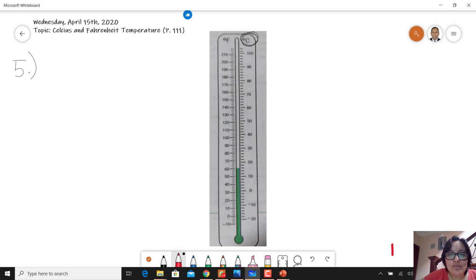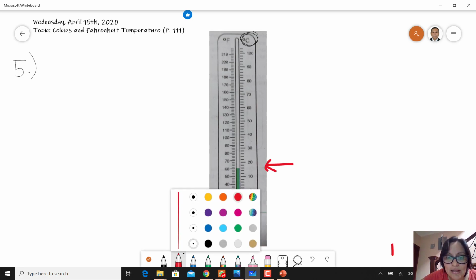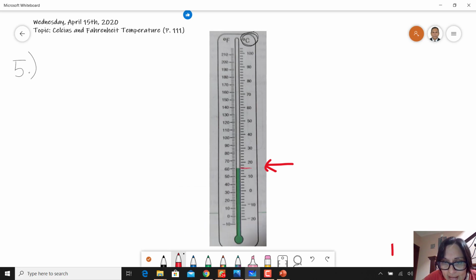So what temperature is the thermometer showing in the Celsius scale? Let's look where the line is exactly here. So how many Celsius degrees do we have in there? If in here we have 10, let's count. 12, 14, 16, right?